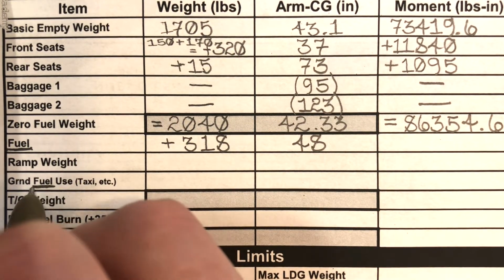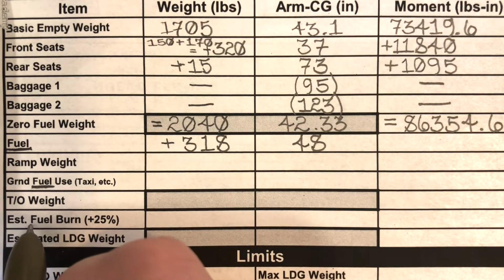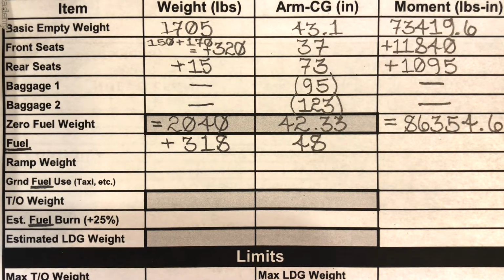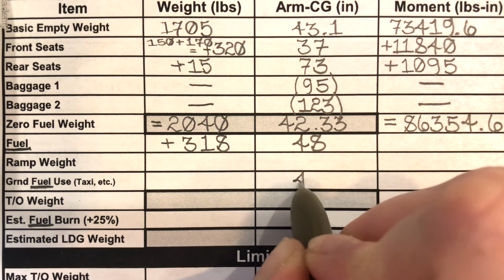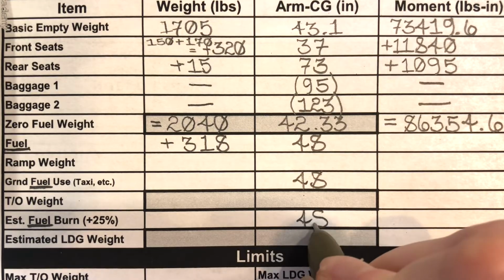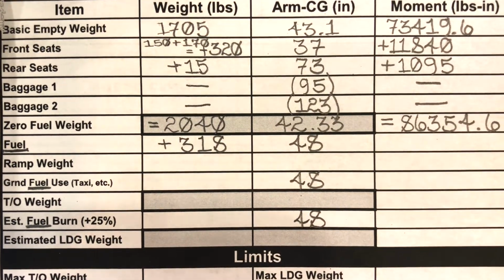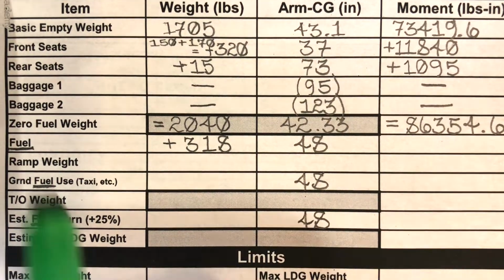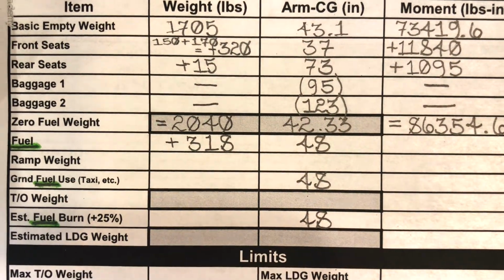Sometimes it's easy starting out to get lost in the weeds and say, what's my arm here? Do I have to divide this by this? So I say underline the fuel. Make it easy on yourself. Anytime we talk about fuel, the arm is going to be 48.